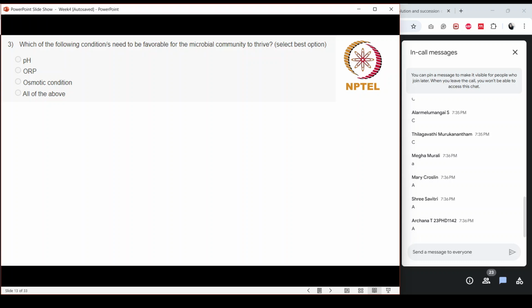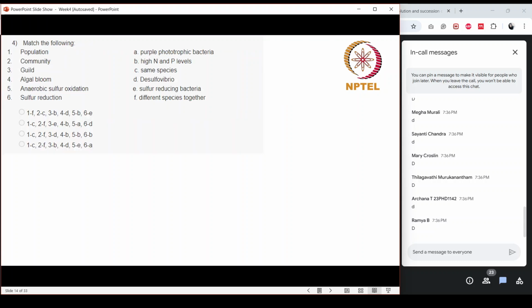The next question is, which of the following conditions need to be favorable for the microbial community to thrive? We need to select the best option. We studied all these things, right? Right conditions and resources. Yes, correct. All these conditions need to be maintained in order for a microbe to survive. Now this is a match the following type question. Please take your time to answer this question.